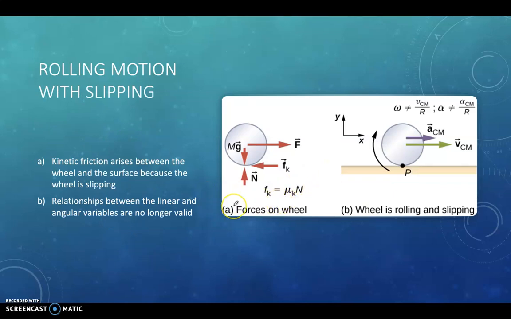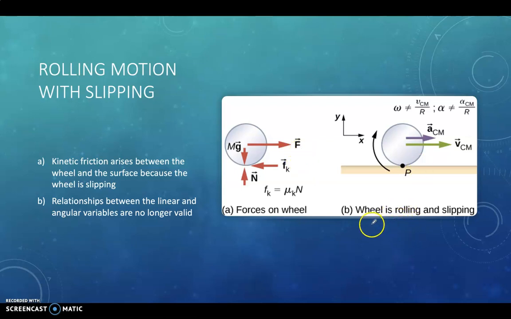Now looking at rolling motion with slipping, there's another figure here. Looking at part A, we have kinetic friction, that's this guy here, and it arises between the wheel and the surface because the wheel is slipping. So now we have a kinetic friction, not just a static friction.